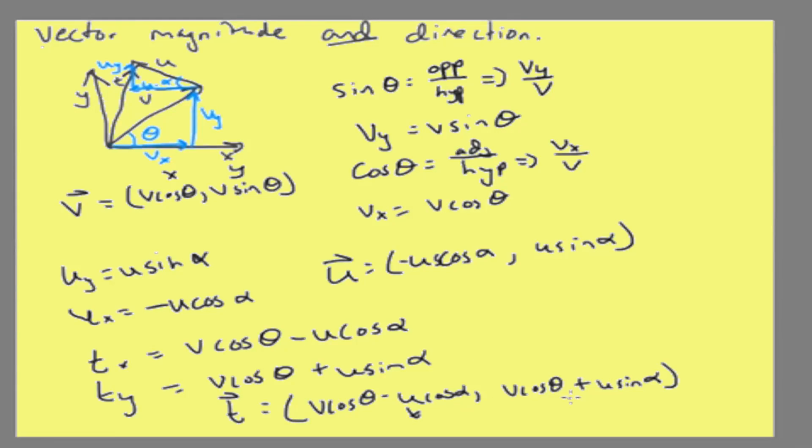This is our x component, this is our y component. Now what we need to do is figure out what the magnitude of t is and what direction it points in.